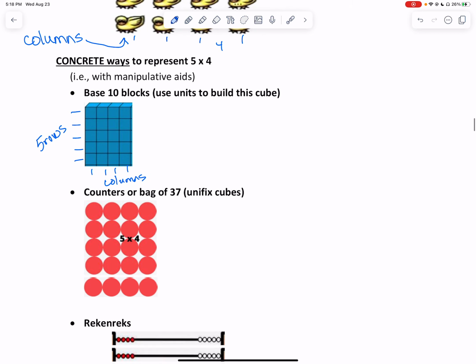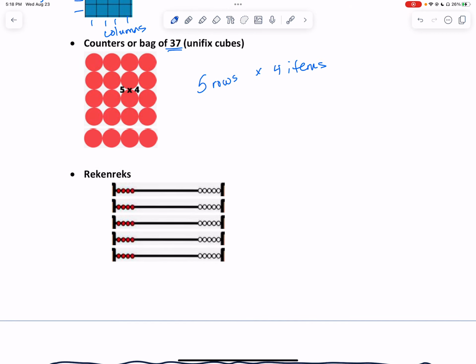You could use counters, or you could use your Unifix cubes to do the same thing, where you have 5 rows, and each row has 4 items, 4 Unifix cubes, 4 counters. It's 5 times 4. With my rekenrek, notice how many rows of rekenreks I have: 1, 2, 3, 4, 5. So I have 5 rows, and in each row, I've got 4 beads. So 5 times 4.